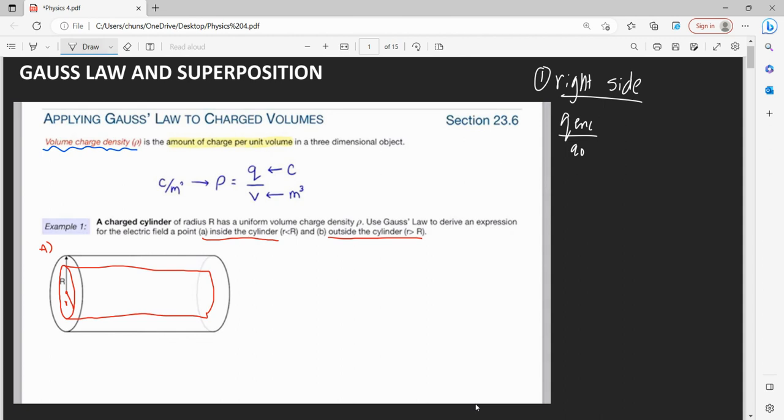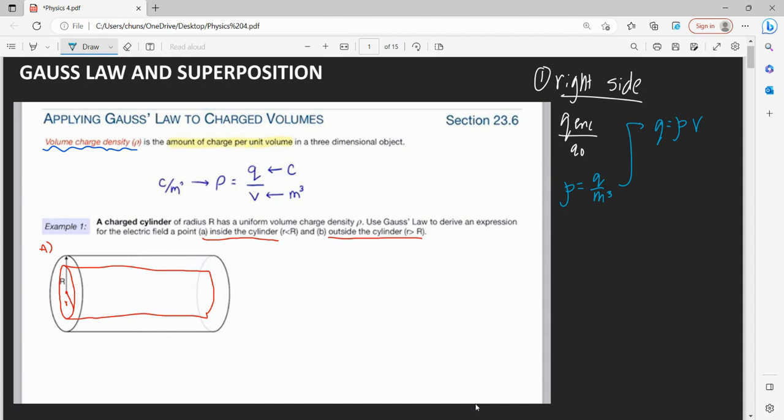And we don't know what our Q enclosed is, but we're going to use this equation here to get our Q enclosed equal to our rho times our volume.